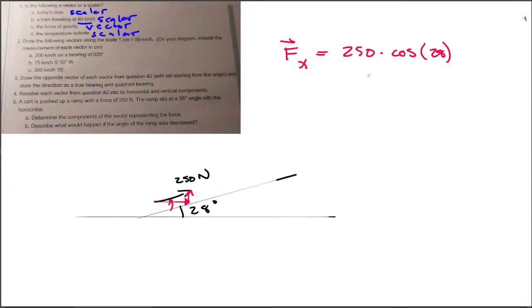They want me to say x is always cosine and y is always sine, but it doesn't work that way if you have your force vector going like this, and this angle, the cosine is actually y in that case. So just use SOHCAHTOA as we call it. Sine is opposite over the hypotenuse, cosine is adjacent over the hypotenuse, tangent is opposite over adjacent. Just always go off these definitions with force. It'll help you a lot.